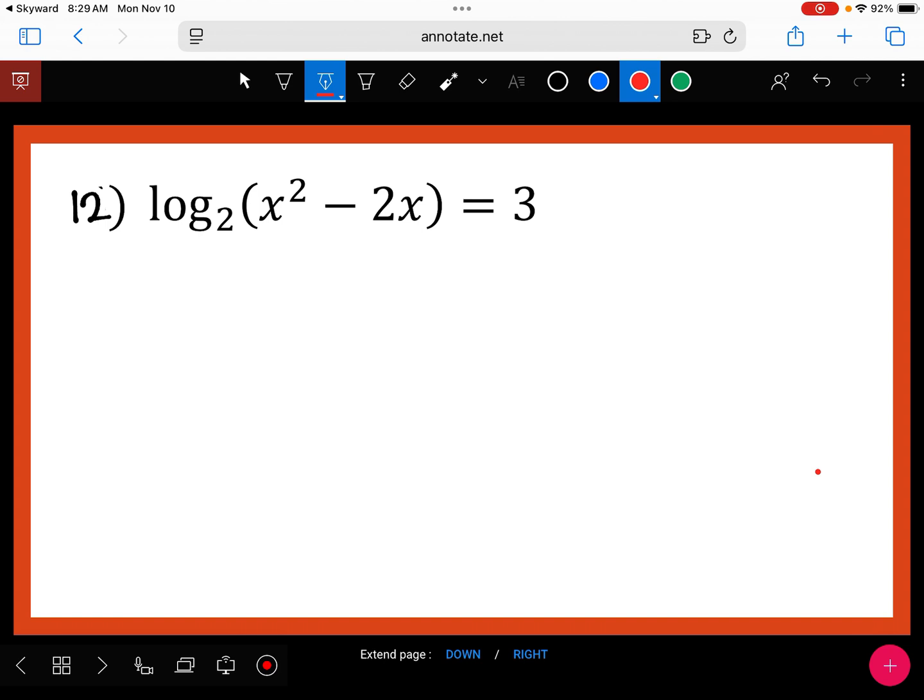There's just one log. No. You have to do a rewrite, 2 to the x. Two times, 2 times 2.